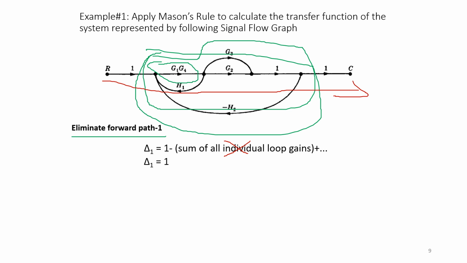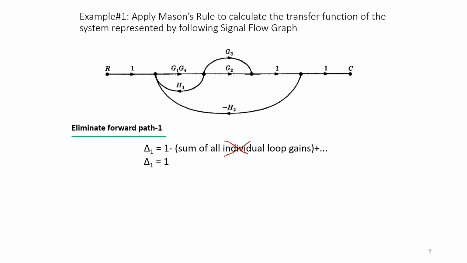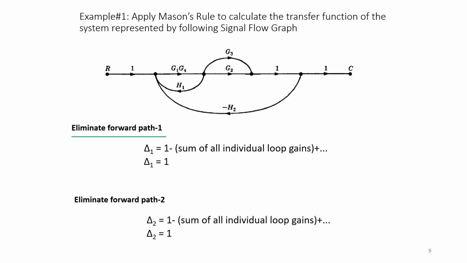Similarly, you need to evaluate your delta 2 also. Delta 2 is equal to eliminating the forward path 2, so you need to eliminate all the loops which come in your second forward path. Our second forward path is this. If we observe here, this is your L2, this is your L1, and L3 is this. This also comes here. So all these loops touch the second forward path P2 also.